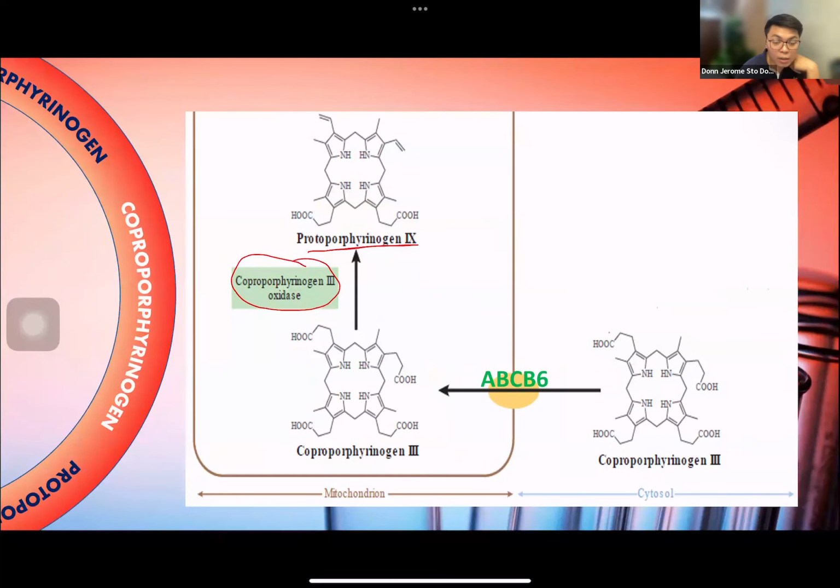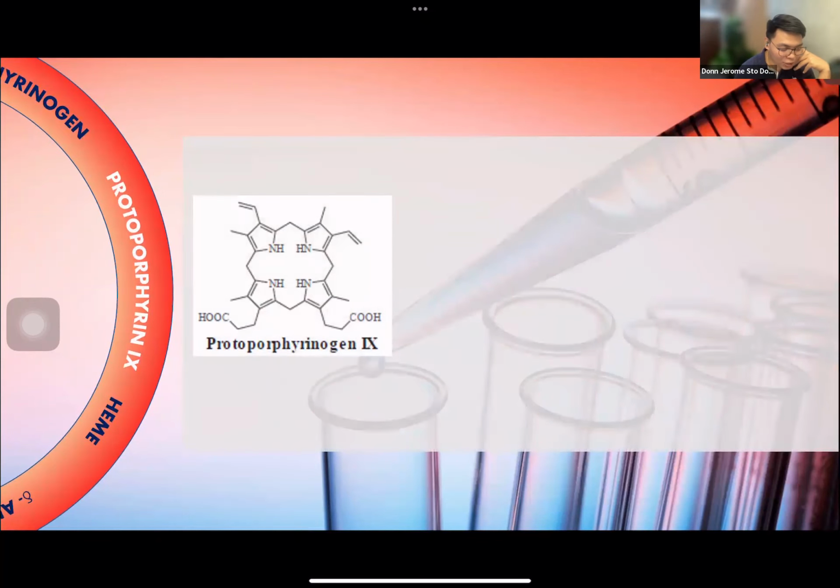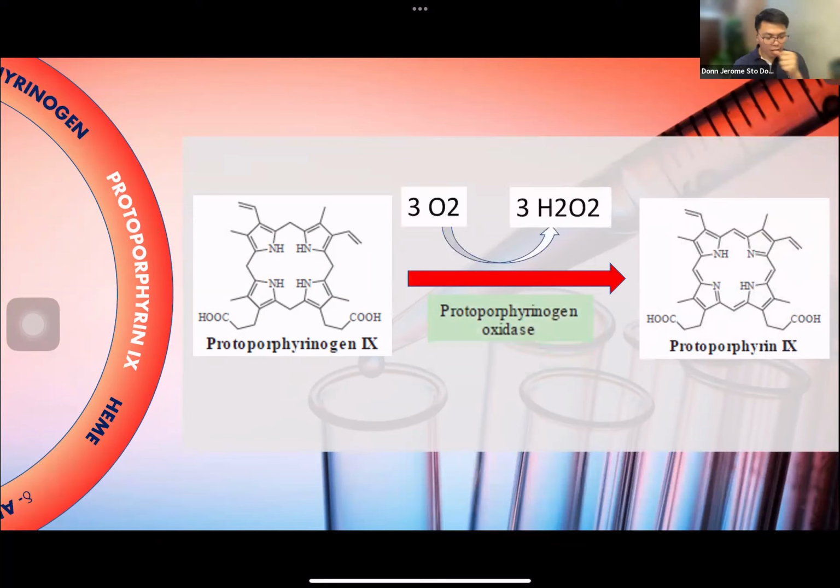So in protoporphyrinogen 9, you will have conversion of some of the propionate side chains to your vinyl side chain, again decreasing the polarity of your porphyrin. Okay? So, next round of oxidation from protoporphyrinogen 9 to your protoporphyrin, utilizing protoporphyrinogen oxidase, using 3 molecules of water with the release of 3 molecules of hydrogen peroxide.